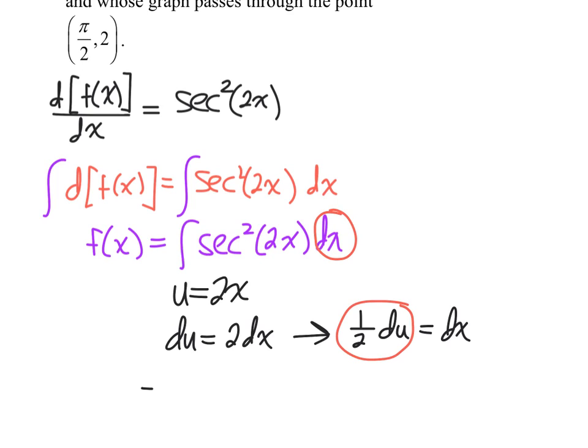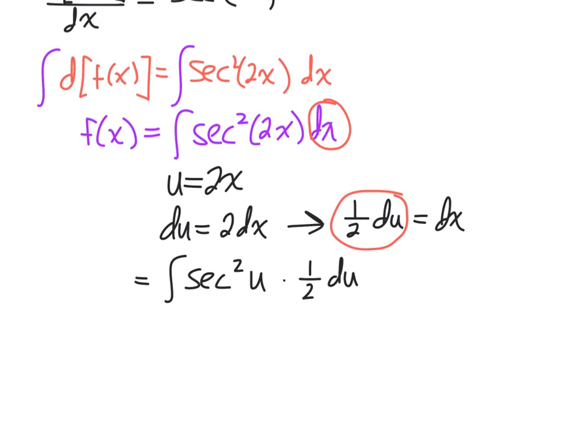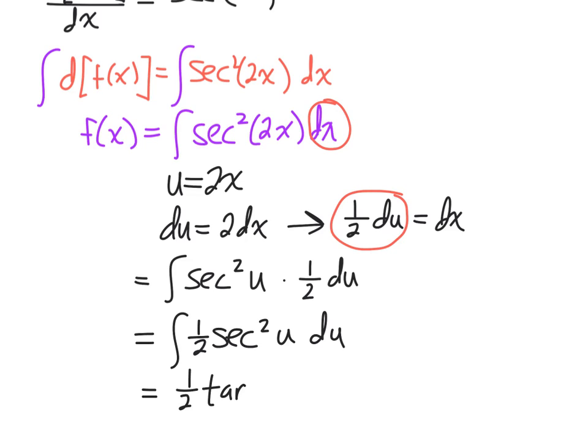So this would become the antiderivative of secant squared u times 1/2 du, rewritten as 1/2 secant squared u du, which anti-differentiates to 1/2 tangent u plus c. That's my f(x).